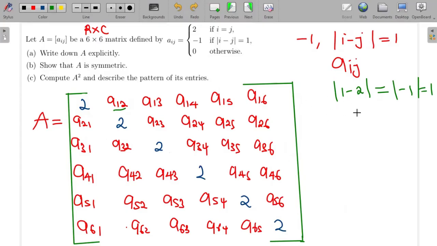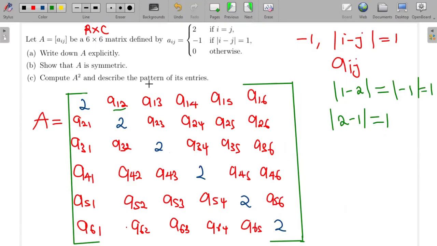It will be the same for all the terms that have consecutive numbers, like this 2, 1. The i is 2, the j is 1, so the modulus of 2 minus 1 is just going to give me a 1. If it gives me a 1, then it satisfies this condition of being a -1 there.